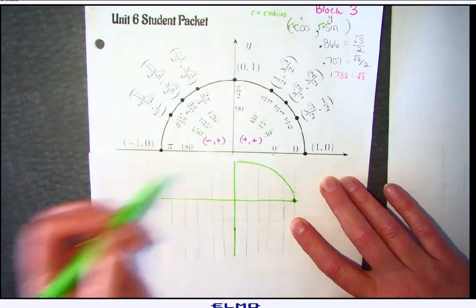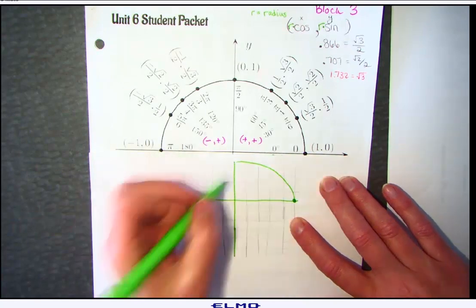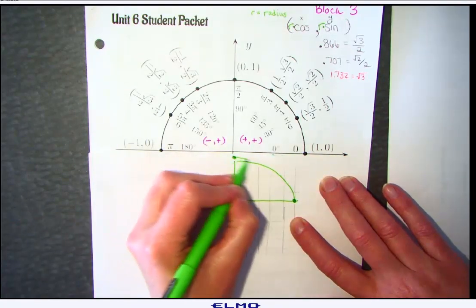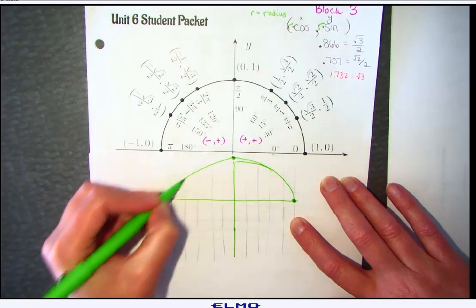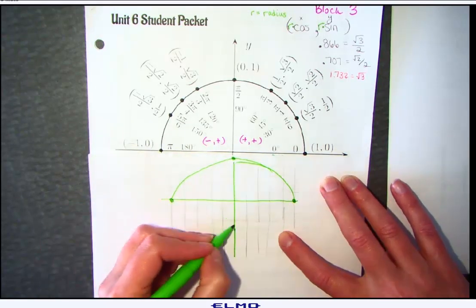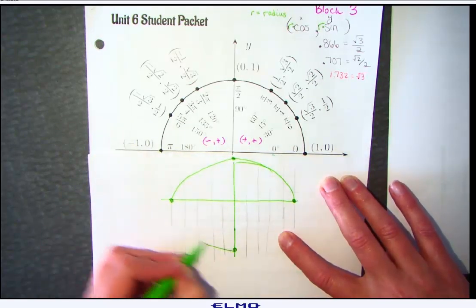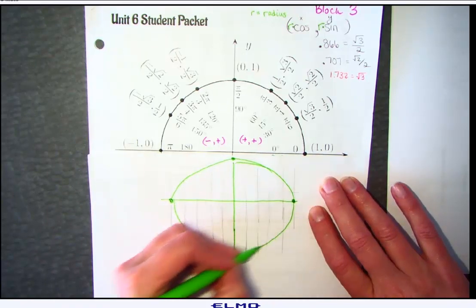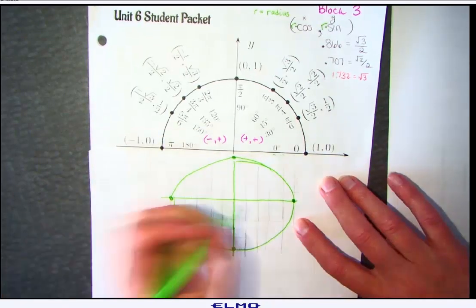So if it's 1 unit, I should have another one up there, sorry. If our radius is 1 unit, it's a squished looking circle, but it's okay, you get the idea.